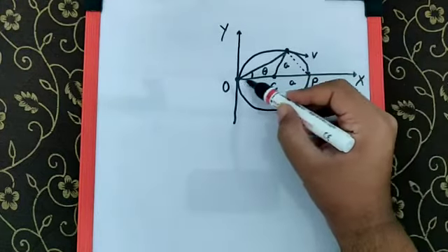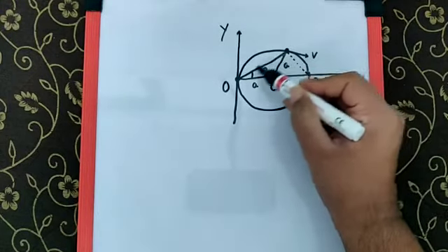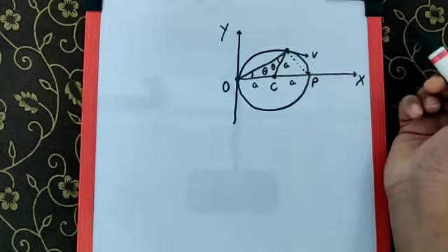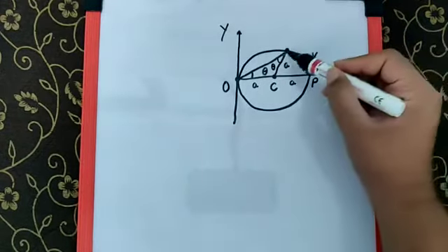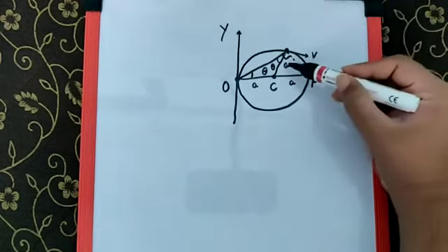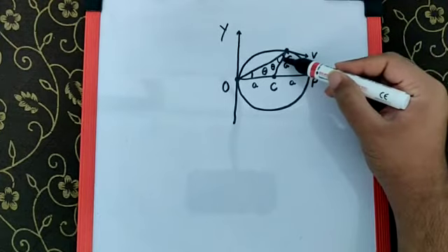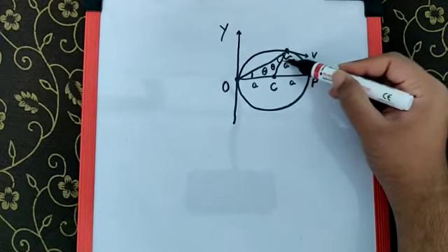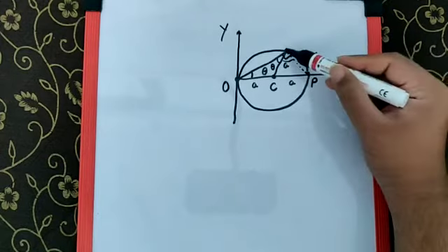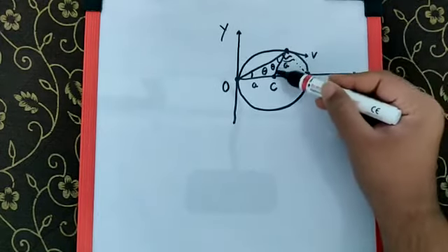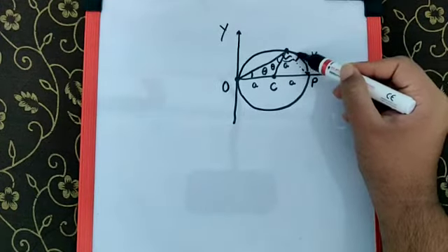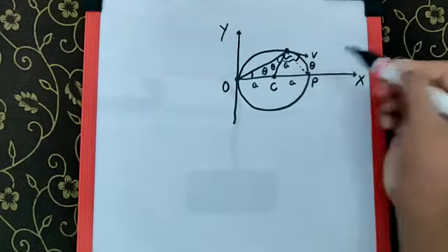Now since this is radius a and this is radius a, in this triangle this angle must be theta again, by the isosceles triangle. Now we are saying this is a complete 90, that makes this angle 90 minus theta. As we know the velocity is perpendicular to the radius, which makes this angle theta again.